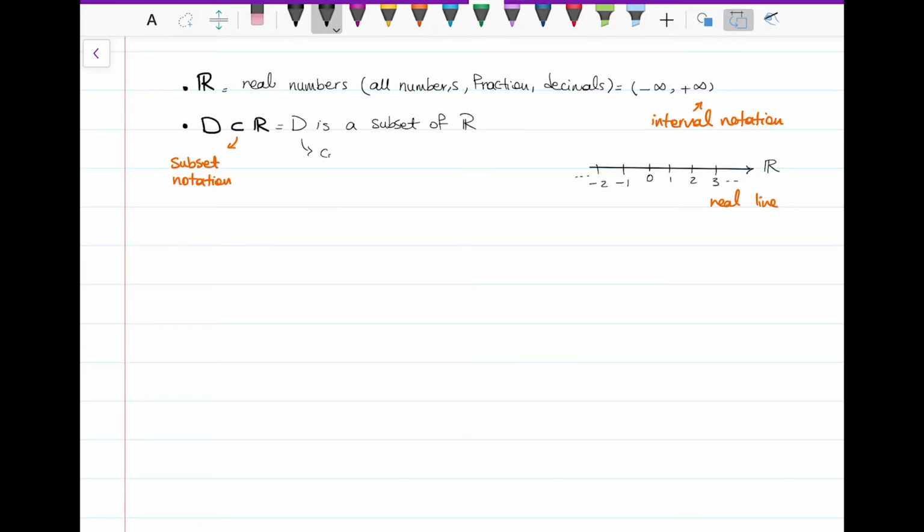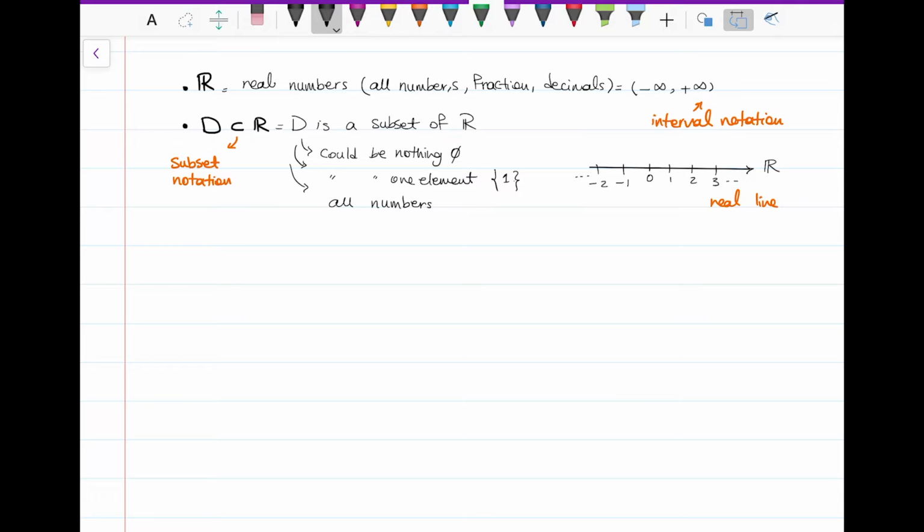And this subset could be nothing, an empty set, or it could be just one element. We show it by that curly bracket, for example, the number 1. It could be with 2 elements, or it could be all real numbers. So basically any subset of R.